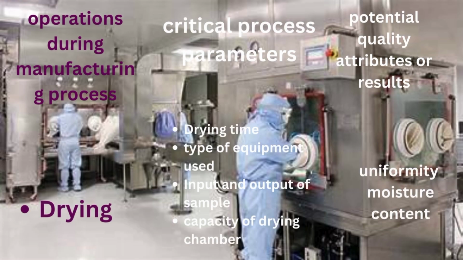Similarly, the next example is the drying process. In the drying process, the critical process parameters are drying time, that is the duration required for the drying process, and the type of equipment used in the drying process, and the input and output of the sample, that is in what way the sample is entered into the drying equipment, and how the resultant product is collected from that equipment, and the capacity of the drying chamber.